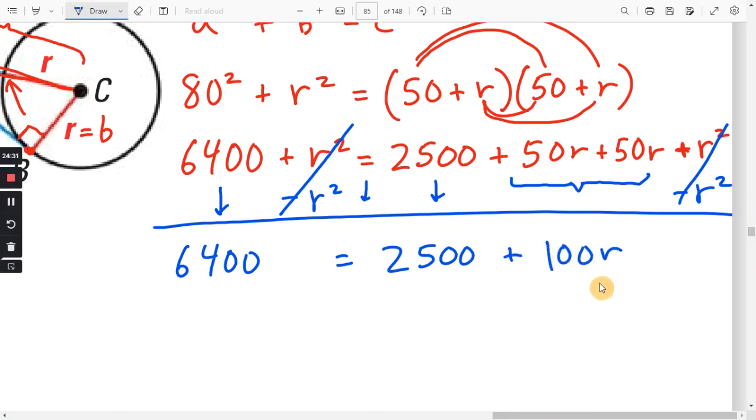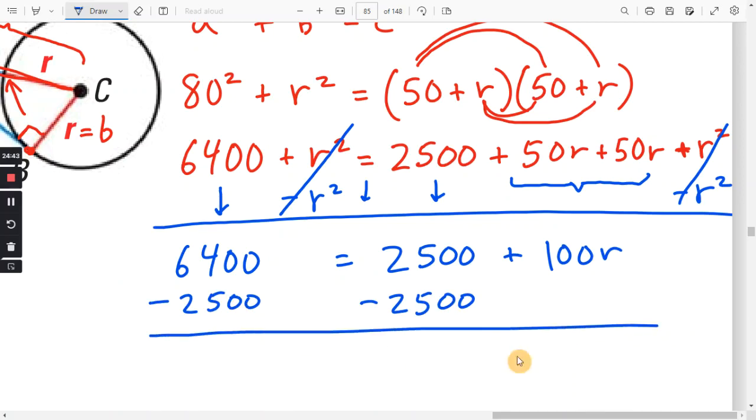All right, we want variables on one side and numbers on the other. The opposite of positive 2,500 is negative 2,500, so I do that to both sides. 25 minus 25 is 0. Bring down my 100R, bring down my equal sign.